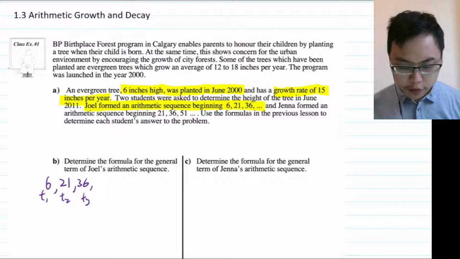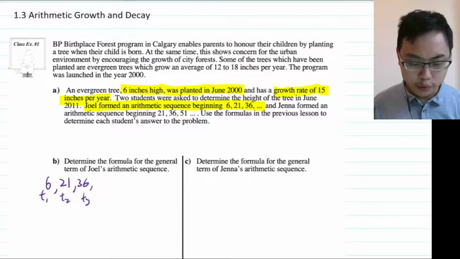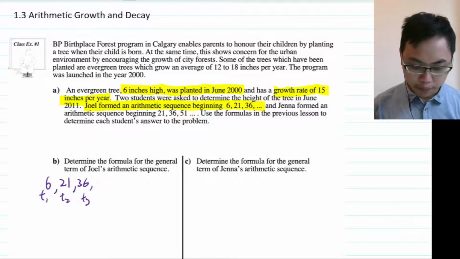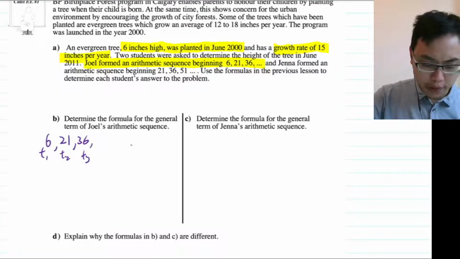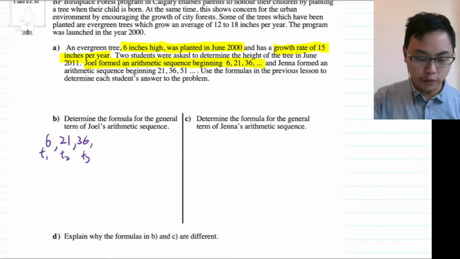Then there's another student, Jenna, which we'll talk about later, who starts the arithmetic sequence beginning with 21. So we want to use the formula to answer some problems.